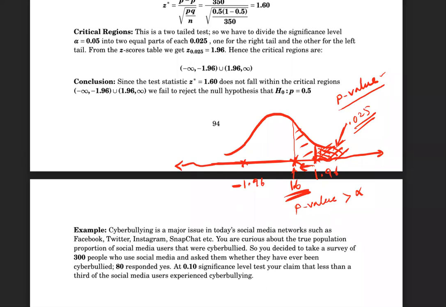That means it has this area plus more, which is this single shaded region. So when p-value is greater than alpha, you do not reject the null hypothesis. On the other hand, if p-value is less than or equal to alpha, that means it's either 1.96 or greater, you reject H naught. You reject the null hypothesis.